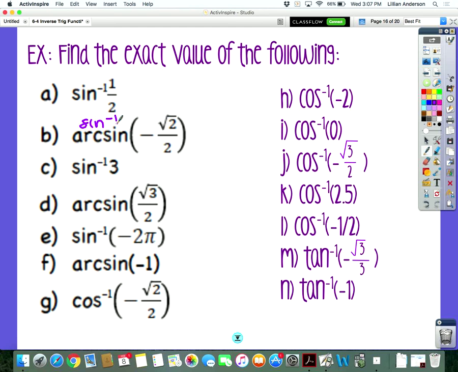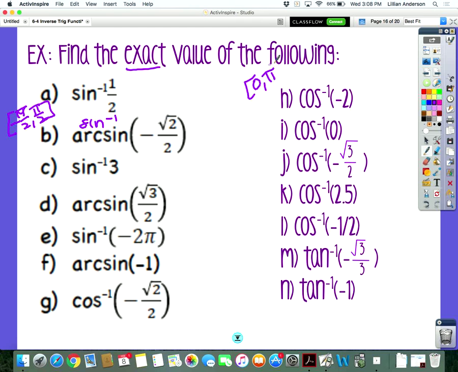So, find the exact value. Exact means that either the value is going to be exactly the answer or it's going to be on your unit circle. But you have to be aware of your restrictions. Remember, sine is bounded between negative pi over 2 and pi over 2. Where is cosine bounded? 0 and pi.